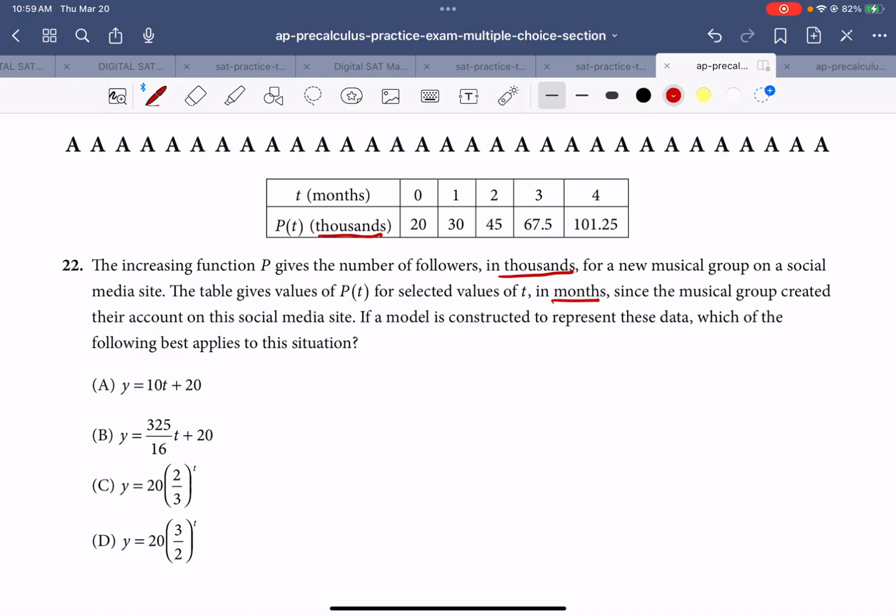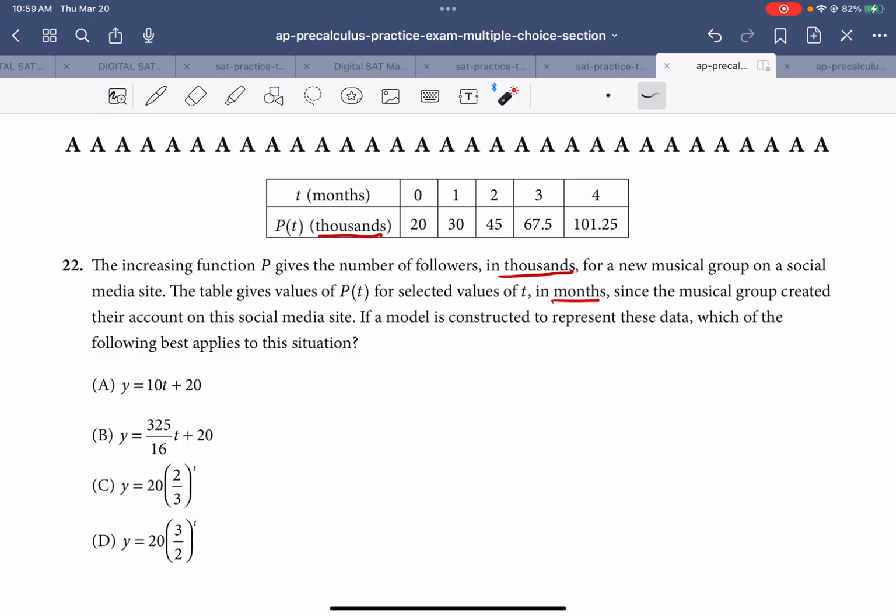If a model is constructed to represent this data, which of the following best applies to this situation? Okay, so we have to see if this one is basically linear or not, right? Those are answer choices A and B. One shows a linear, and the other one is exponential. But C is exponential decay because your r value is less than 1, but this one is exponential growth.